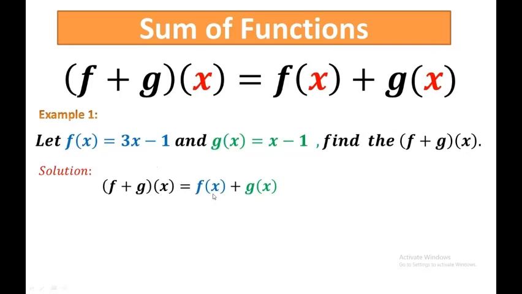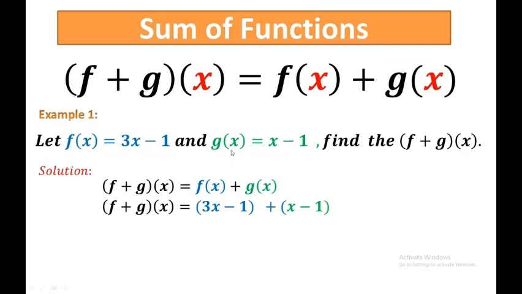For our f of x, the given f of x is equivalent to 3x minus 1, so we will just copy the value of f of x. Then we add the g function of x.